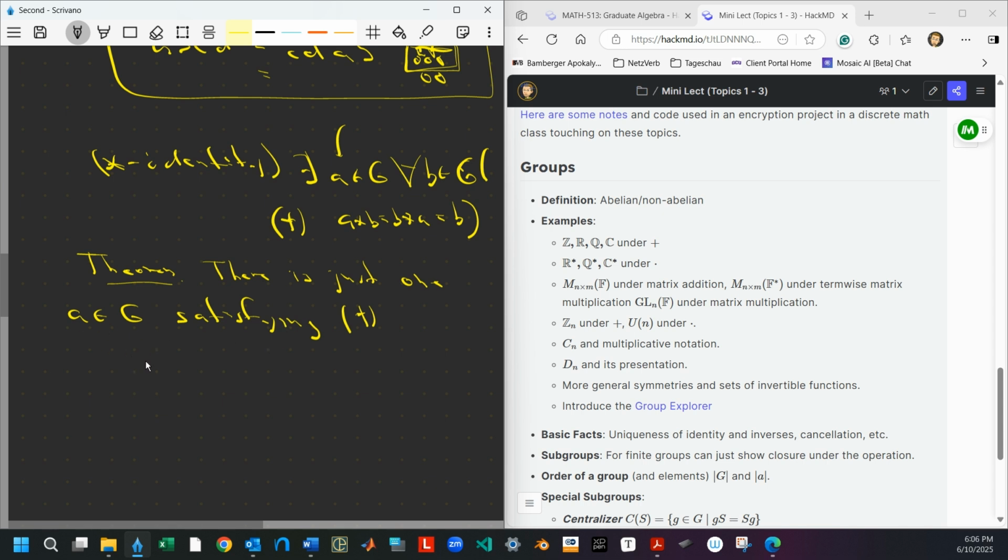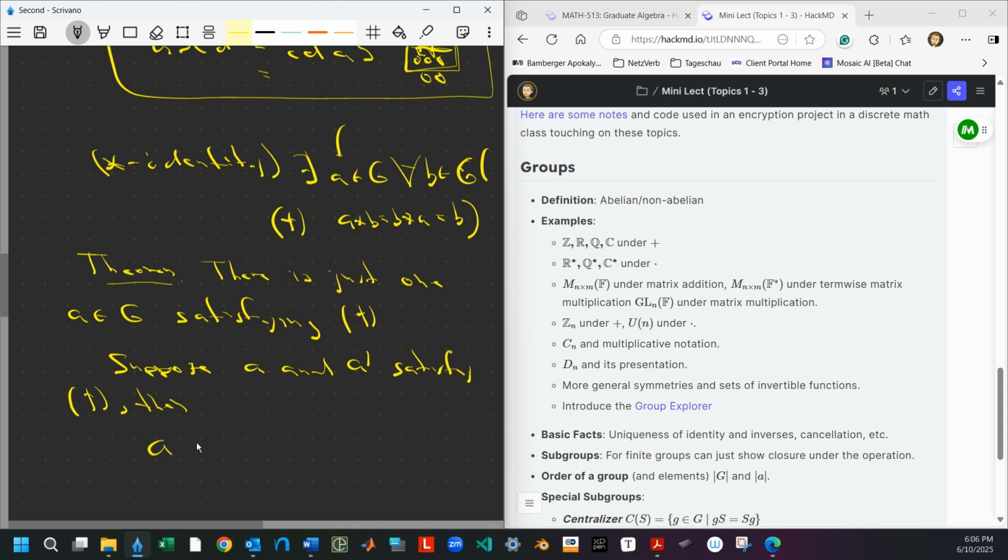So let's see why that's true. Suppose that I had two things, A and A prime, satisfying dagger. Then, what do I know? A prime would be one of the B's that work for A, and A would be one of the B's that work for A prime.